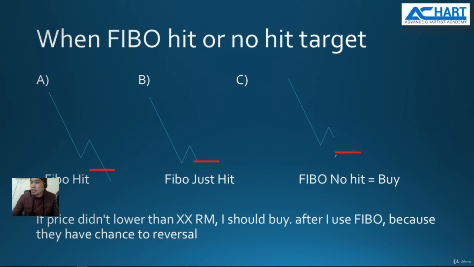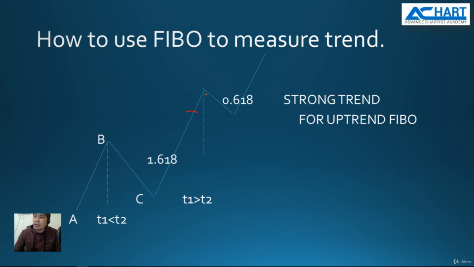For example, if you measure target A, B, C and the 1.618 target is achieved, and subsequently when you use the Fibonacci projection it becomes 0.618, or usually 1.0, and it hits its target, then we can say that it is a very strong uptrend. This is how we measure trend using Fibonacci.